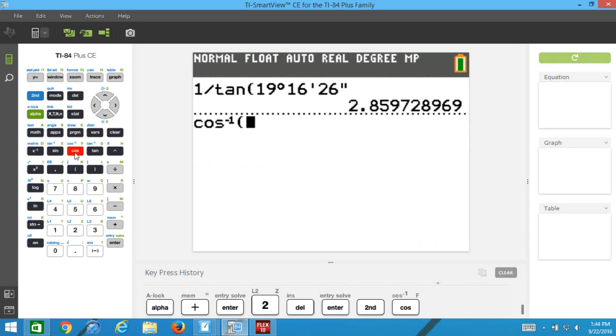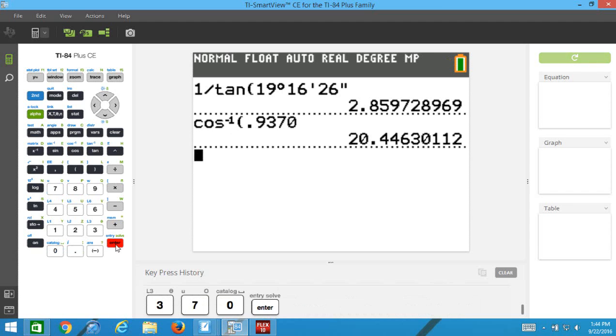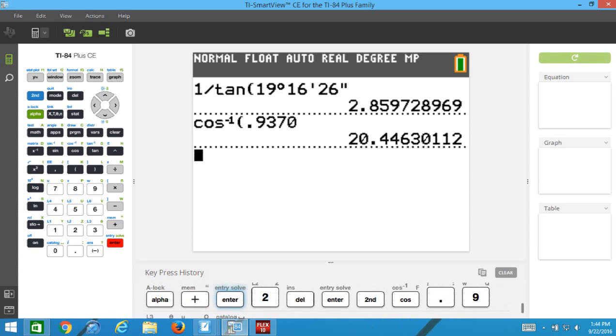Second cosine, what was it, 0.9370. So it is approximately 20.454463. I don't know how many decimals you feel like doing. I'm going to do 2. 20.45 degrees.